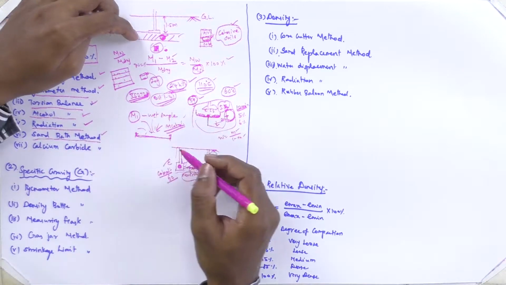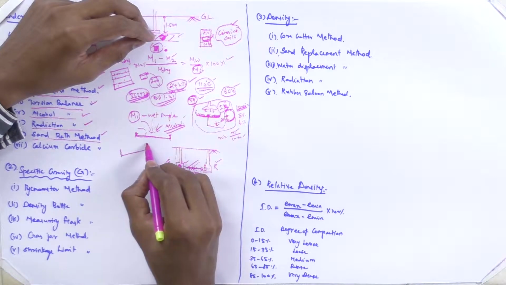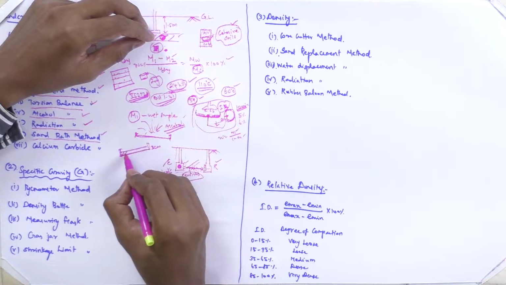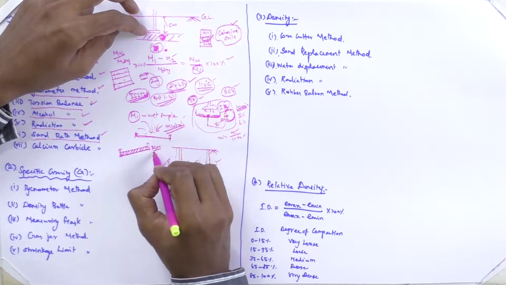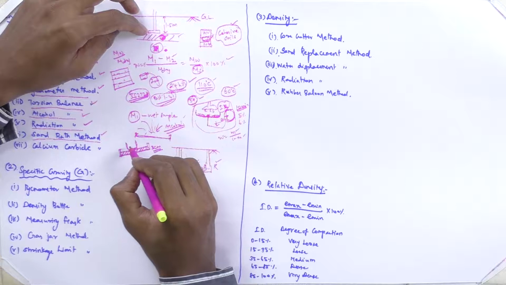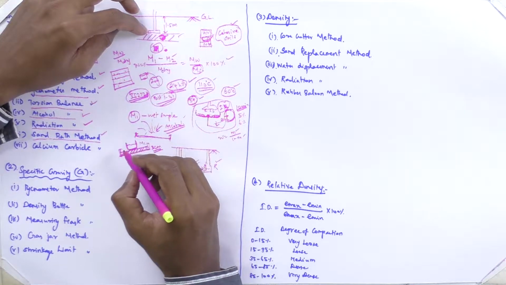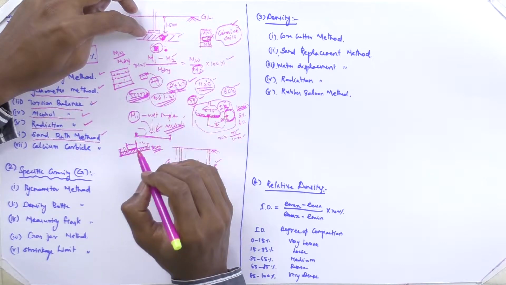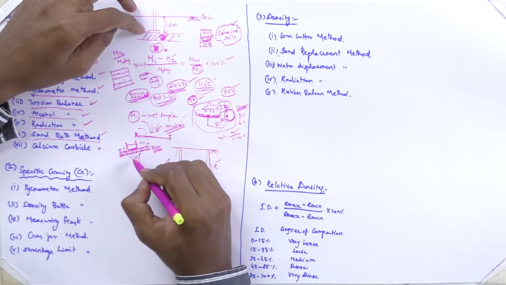Sand bath method. Say for example you are taking a tray like this and filling 3 cm of sand. 3 cm of sand has to be filled, and you take a glassware and fill it with wet sample, say M2, as a known volume, and you add a white paper, keep it in this sand, and you start burning. So the flame is coming.